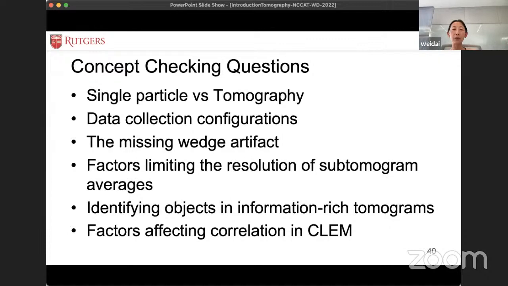One factor you need to consider in terms of ice thickness is that for single particle analysis, you basically collect your image at 0 degrees. The ice thickness is what the electron needs to penetrate to generate the contrast, right? But remember in tomography, you have to tilt your sample.